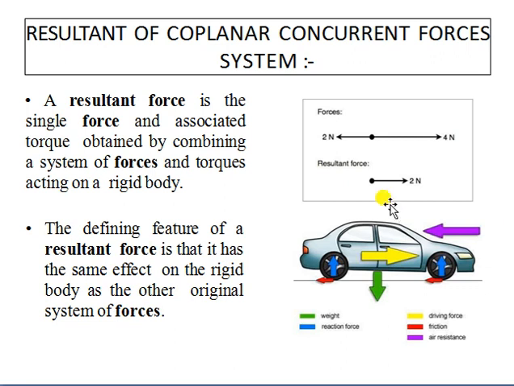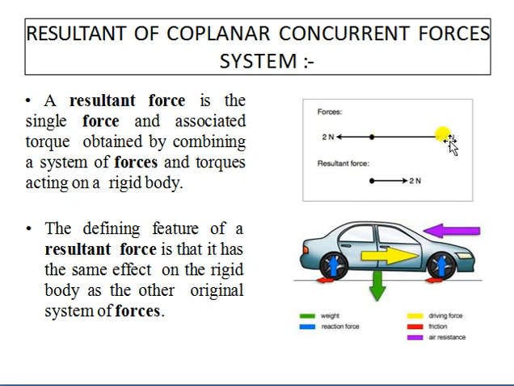Now let us take an example in the adjacent diagram. There are two forces both acting in the horizontal direction. They are concurrent, that is, the lines of action of both forces pass through the same point. They are coplanar because they lie in a single plane, and they act in opposite directions.